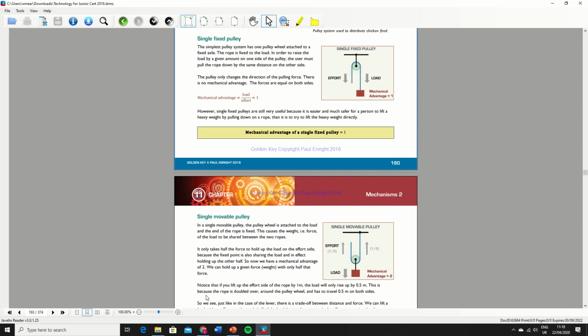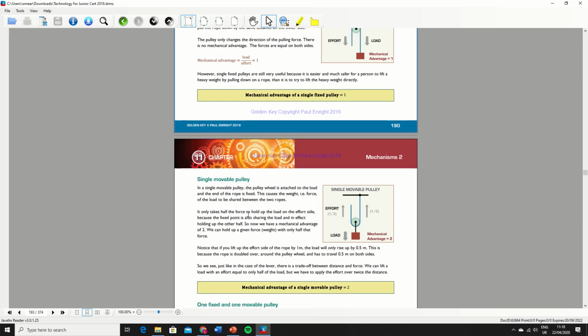So moving on. A single movable pulley. In a single movable pulley, the pulley wheel is attached to the load at the end, and the end of the rope is fixed. So the pulley wheel, which is here, is attached to the load, and the end of the rope is fixed to our axle again.